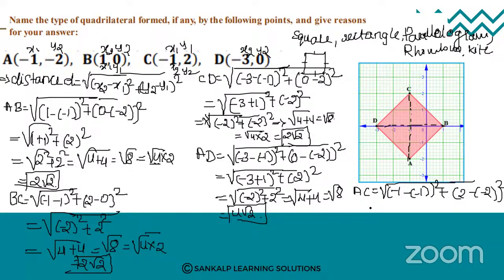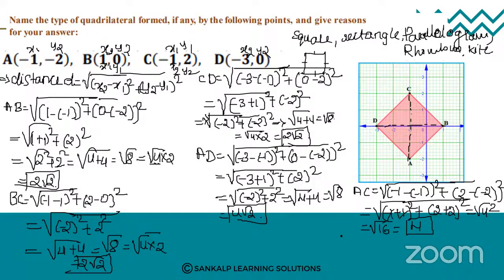So minus 1 plus 1 whole square plus 2 plus 2 whole square. Minus 1 plus 1 will get cancelled. 2 plus 2, it is 4 square. That is equal to root 16. Root 16 is a perfect square number. If you take it out of the root, it becomes 4. So this is the value of AC.